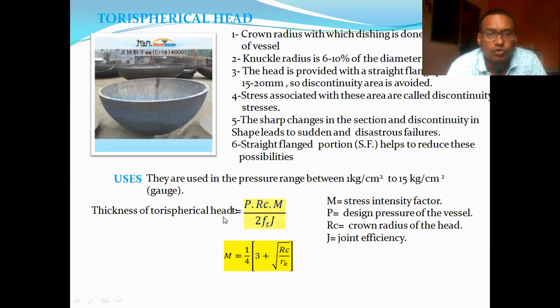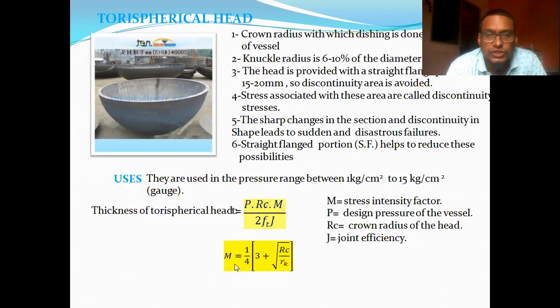And the thickness for toruspherical head, that is T, is calculated as P RC upon 2Fj into M, where M is the stress intensity factor, and RC is the crown radius, where RC will be equal to the diameter of the vessel and the mentioned percentage.